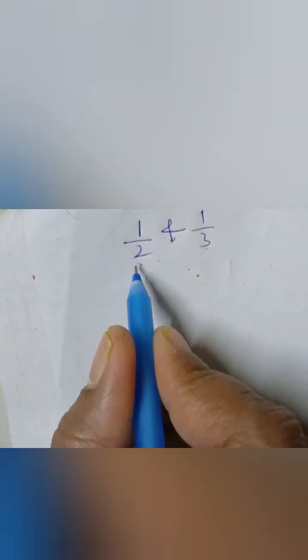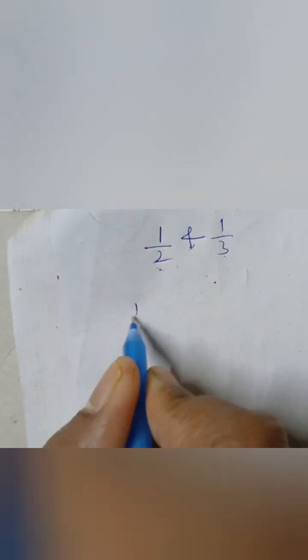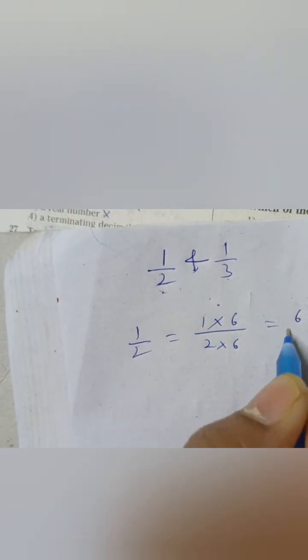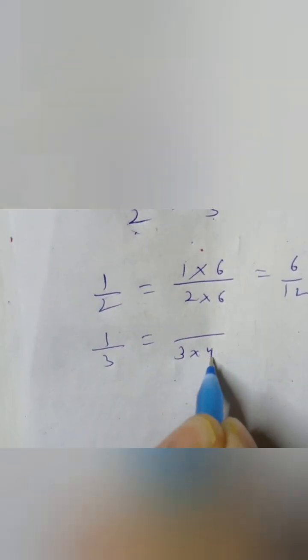If they make the same denominator, then we can compare. Not only 12, we can make 2 and 3 as 24 also. Let me make 12 and I will show. First of all, 1 by 2 can be written as 1 into 6 over 2 into 6, so 6 by 12 it may become, and 1 by 3 will become 4 by 12, 3 into 4.